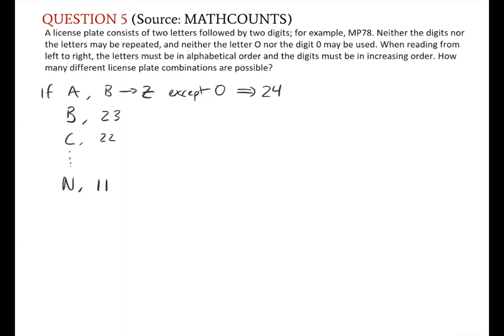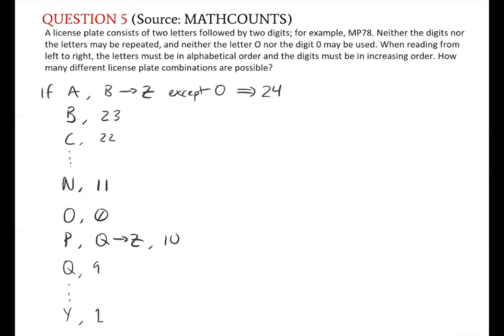So the next letter in the alphabet after N is O, and since we can't use O, there are no possibilities. So the next letter will be P, and you can use any letter from Q to Z. So there are 10 possibilities. And then you do the same for Q, 9, all the way to Y, where there's only one.